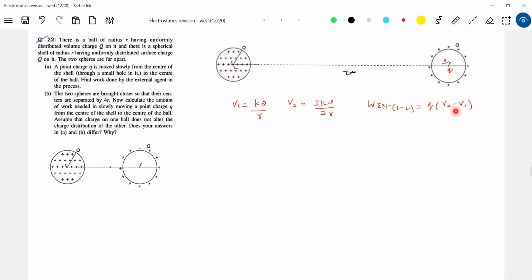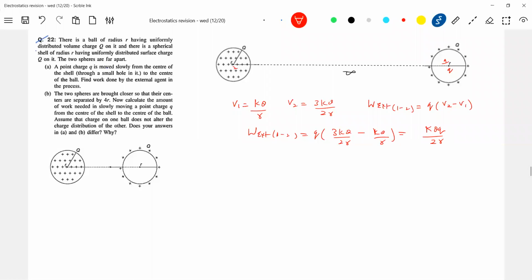Okay, let's come to the potential at that point, 3KQ by 2R. Potential at that point, KQ by R. So this should be equal to KQ by 2R. This is the first case.